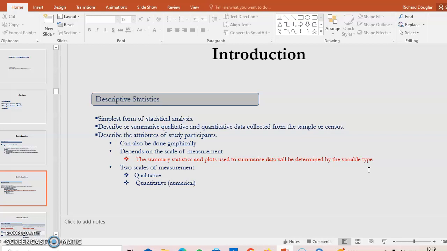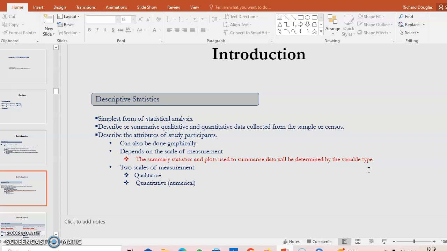And this squarely depends on the scale of measurement that has been utilized.